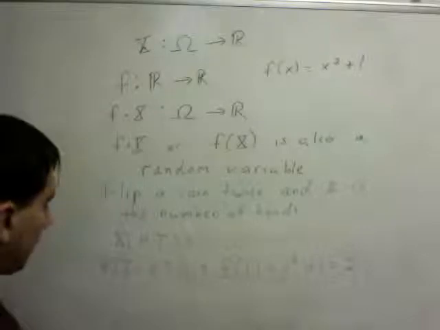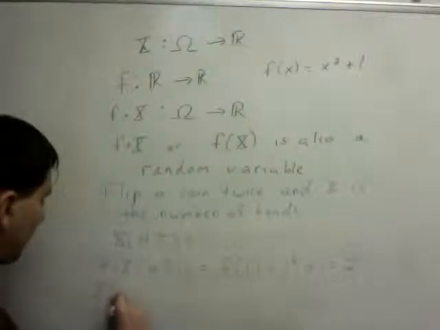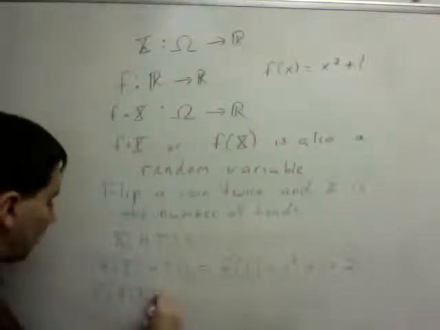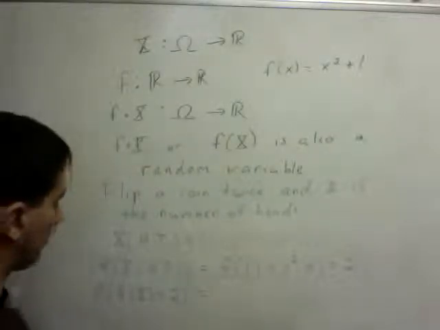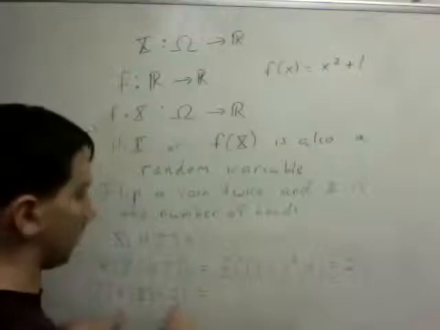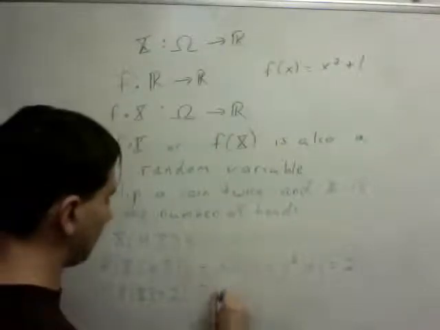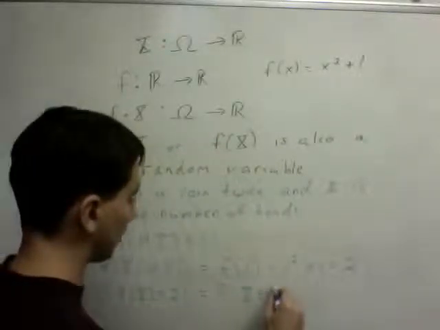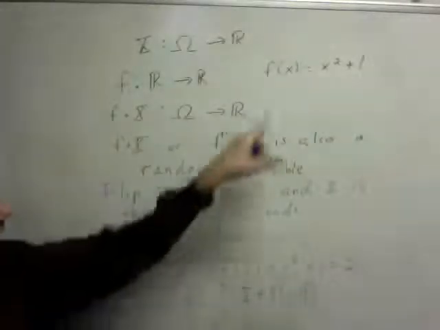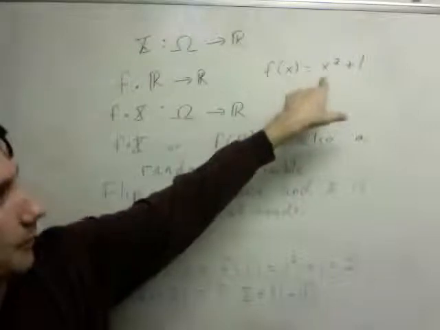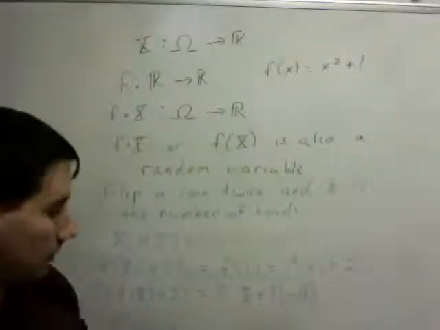So we could ask, for example, what's the probability that f of x equals 2? And it's going to be, so what does f map to 2? It's going to be the probability that x belongs to the set 1 and negative 1. Right, because f of 1 equals 2 and f of negative 1 equals 2. But those are the only 2 points.